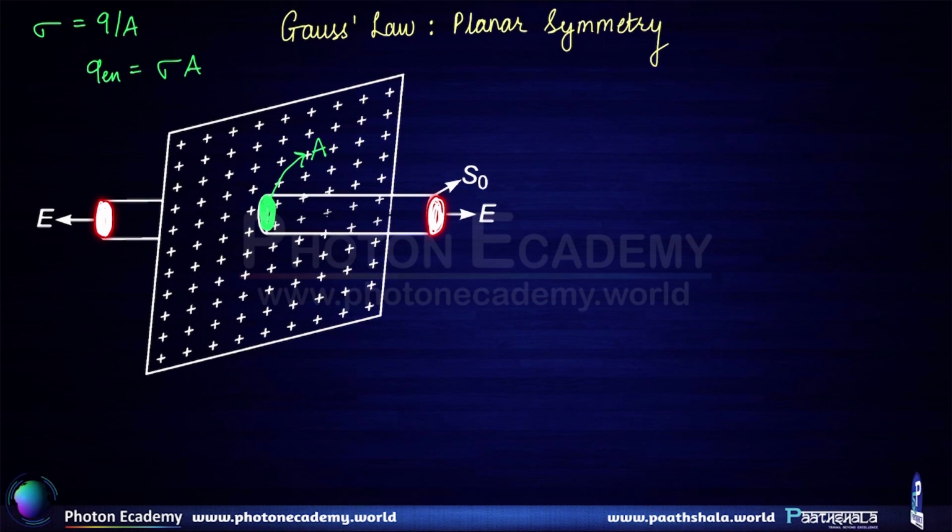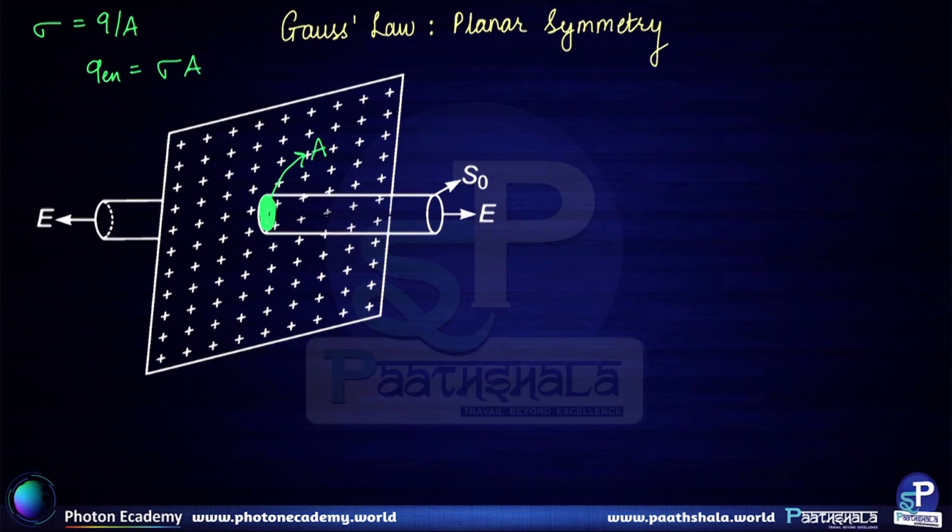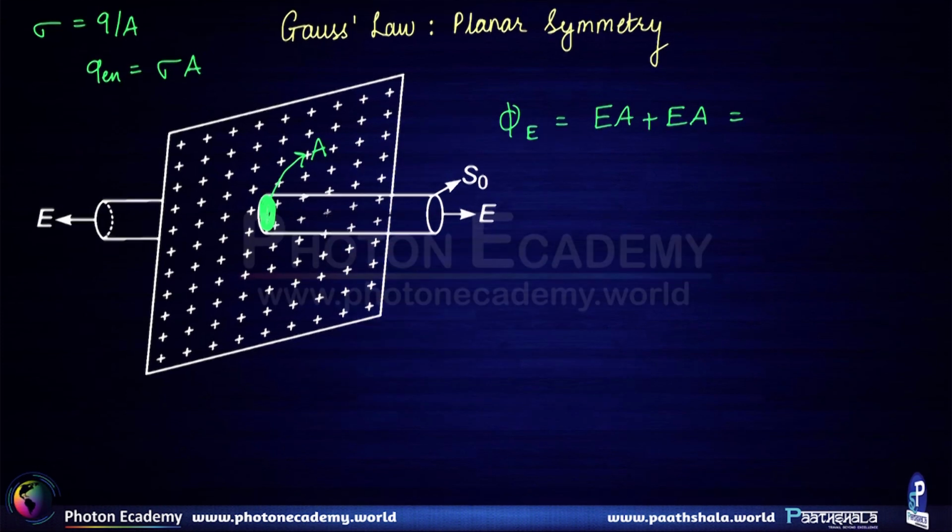So let us say this cylinder is symmetrically located, then the flux that is emanating from the planar surfaces can be written down as EA towards the right hand side plus EA towards the left hand side. This is the net flux that emanates from this particular Gaussian surface. That is equal to 2 times EA, and this happens to be equal to Q enclosed divided by epsilon naught.